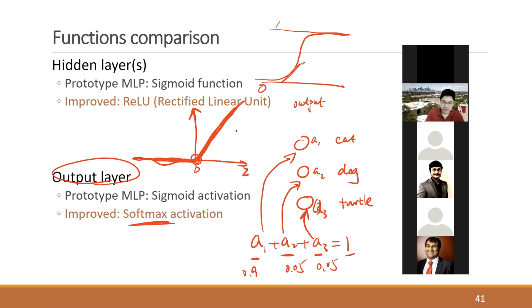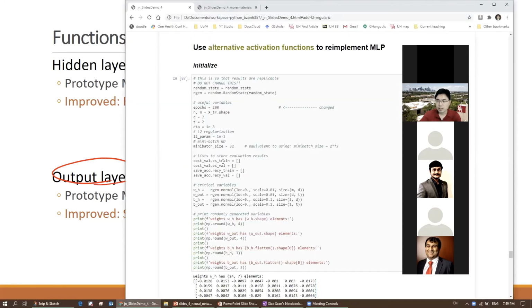Here the gradient function is just 1 in this region, and 0 in this region. So the gradient is easier, which makes it easier to find the global optimal point for gradient descent, and improves the model convergence. We can see that effect here.